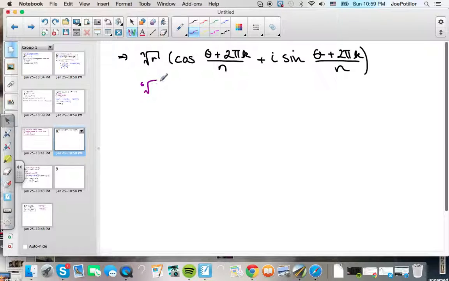And cosine of pi plus 2 pi k, and it's divided by 6 because we're finding the 6th root.